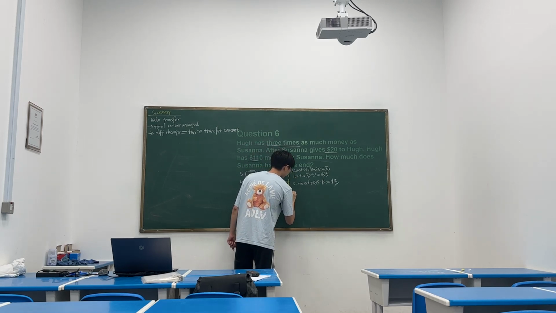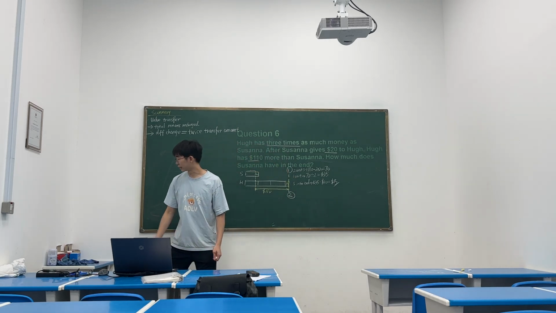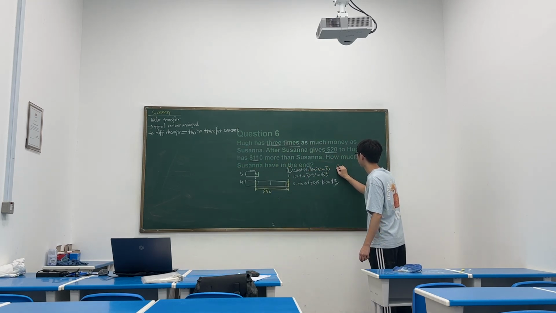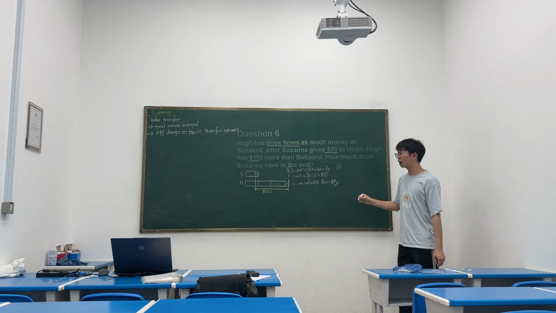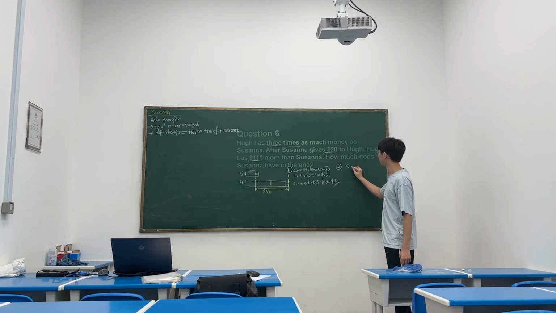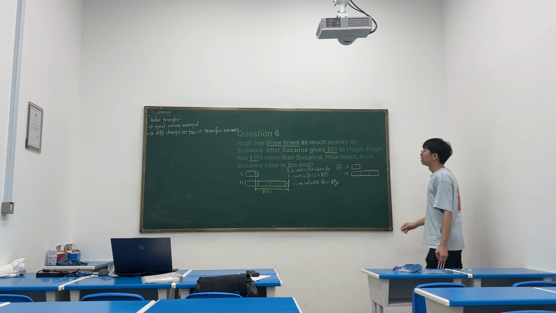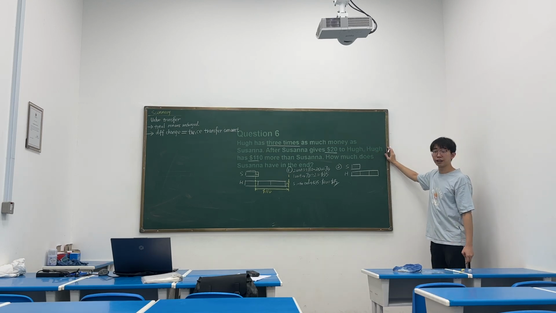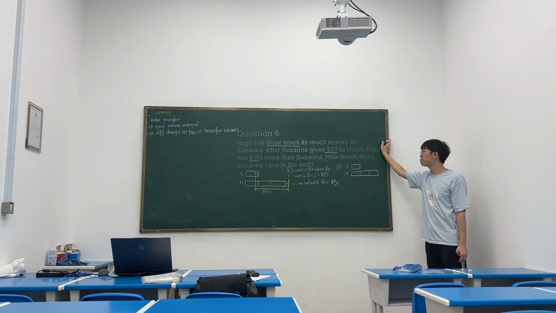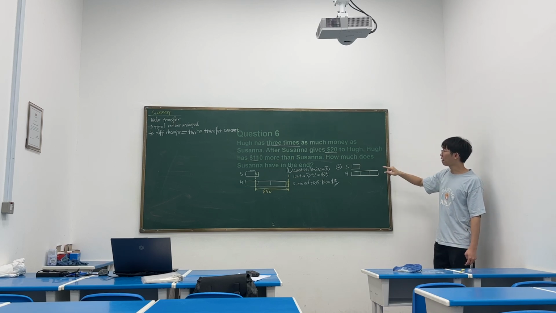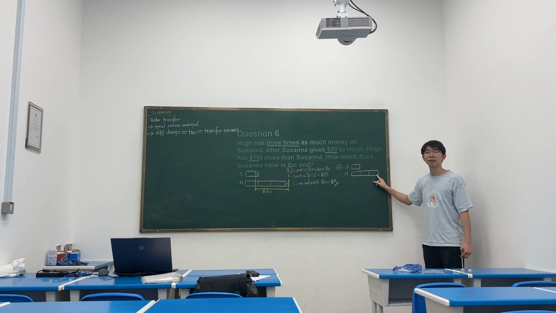In method 2, how should we solve this? Okay, I'll write it here. In method 2, again we draw a model like this based on the multiple relationship. So S has 1 unit, Hale has 3 units. Now we know that Susanna gives 20 to Hale, and Hale has 110 more than Susanna. If that is the case, at first Susanna has less than Hale, right?